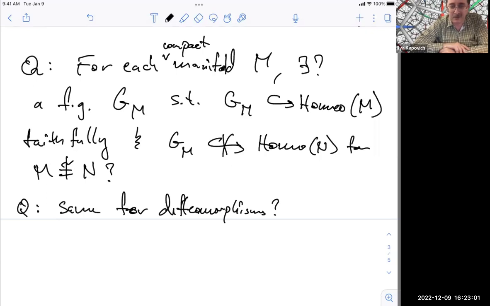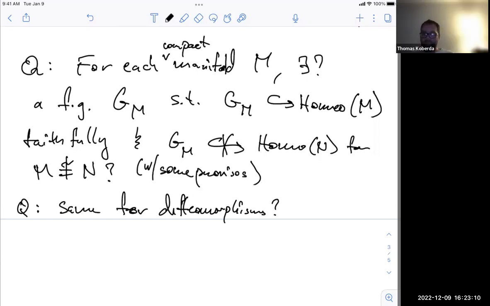I mean, you probably have to put some additional restrictions here to rule out some obvious counterexamples, such as products or just adding some connected components. Okay, so I'll just write with some provisos. With whatever sort of assumptions that one would need to avoid fairly straightforward to construct counterexamples.